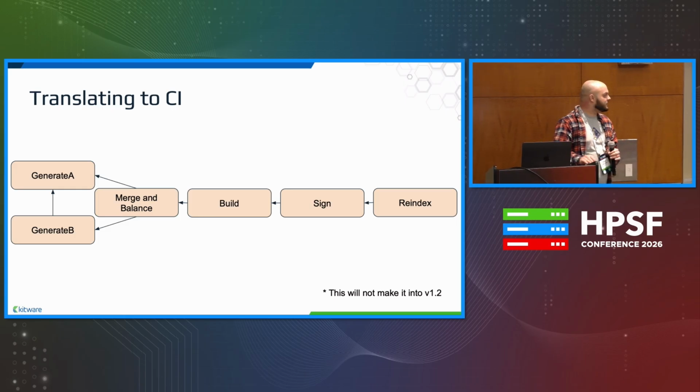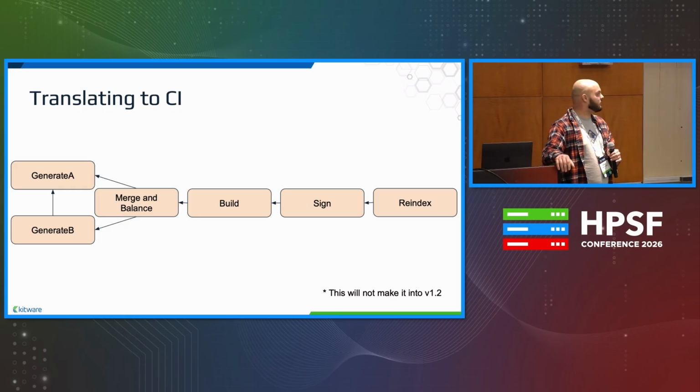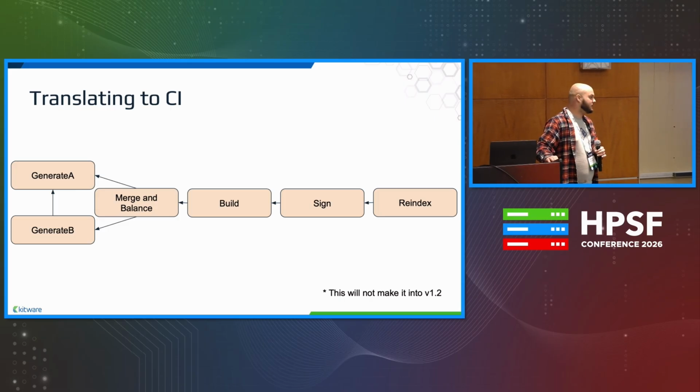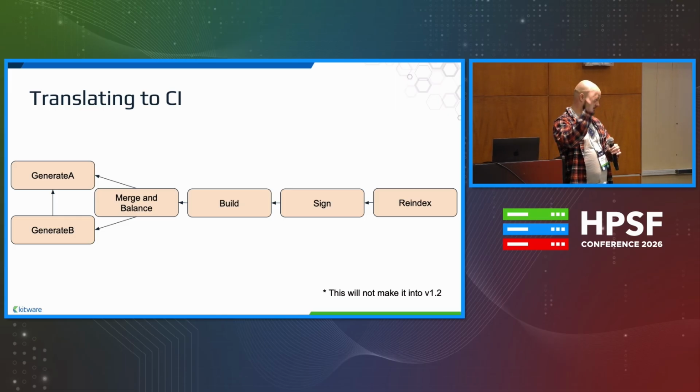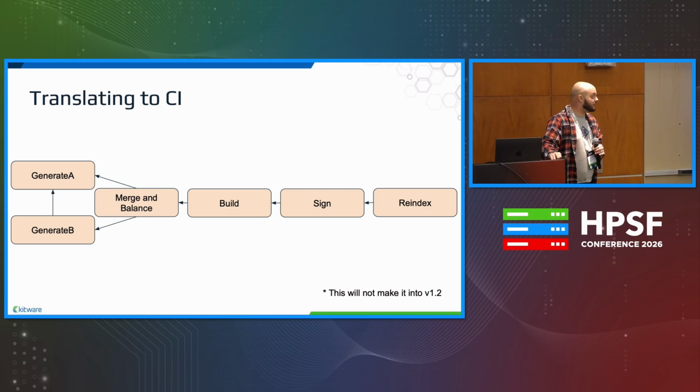But I have this idea, and it might be too crazy, but I want to merge and rebalance stacks. So GitLab has a limitation on how many things you can put into a pipeline, and it's the size of the expanded pipeline file. Once we get enough of these stacks, that pipeline file can potentially get really, really large.